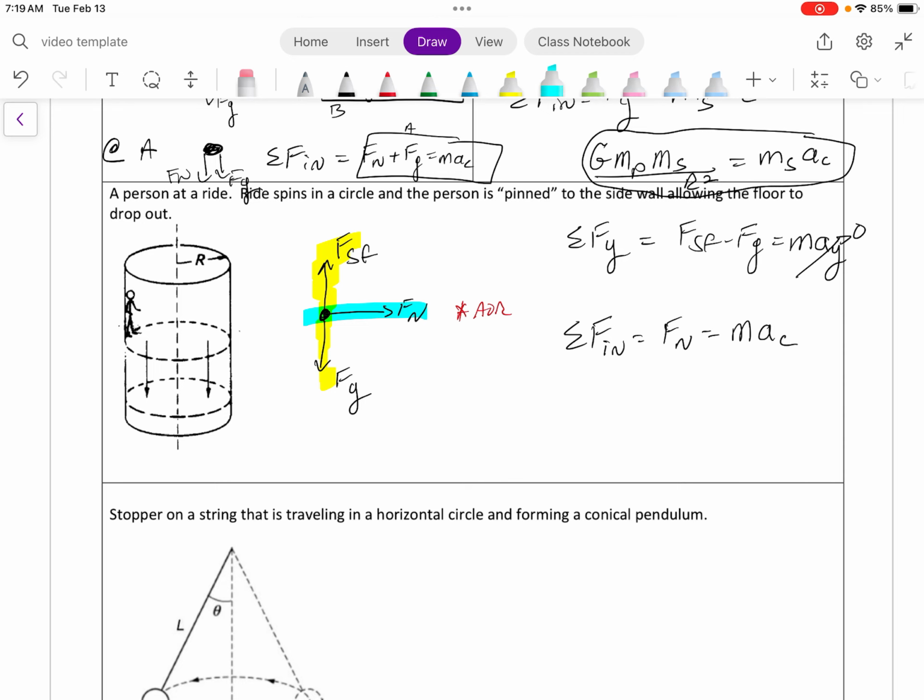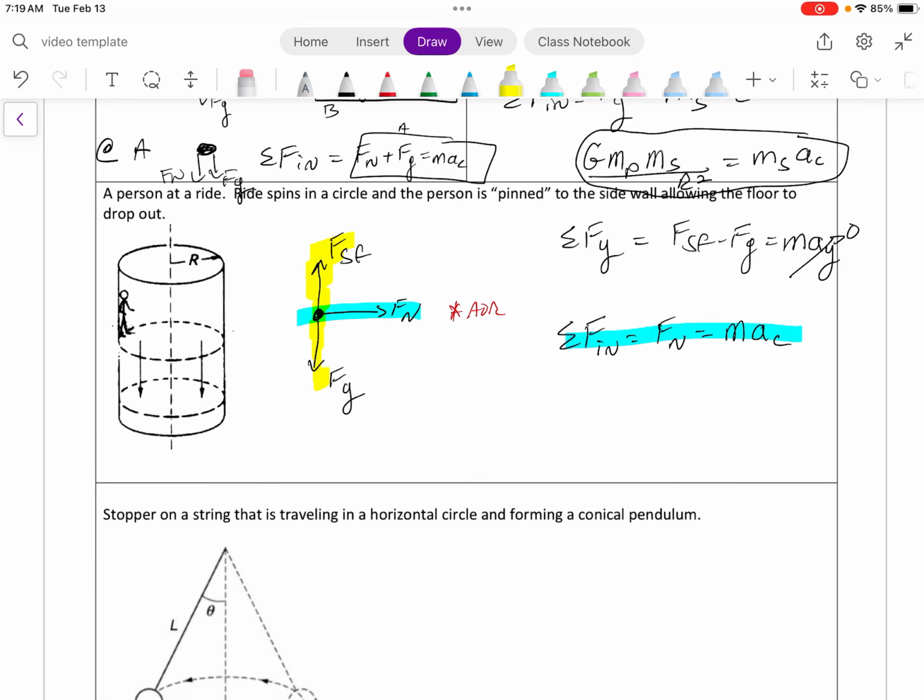So a couple things I'll point out here. Don't forget that force of static friction is less than or equal to mu s force normal. So there is a relationship between the speed at which it's traveling and force normal, which then affects how much static friction is present.